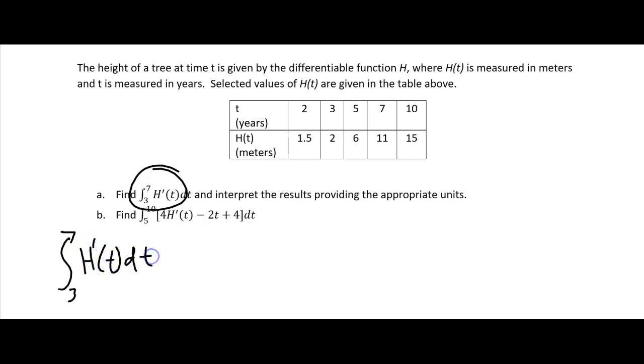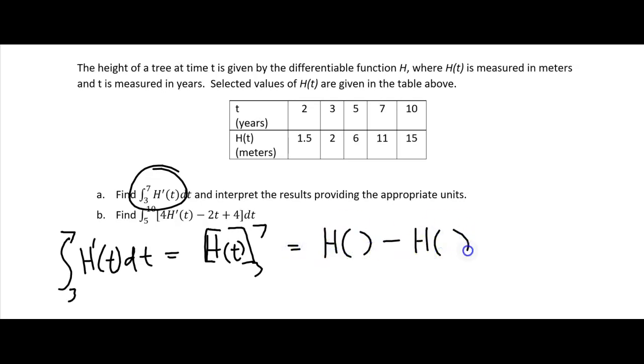When you integrate h prime, you just get h, regular h, because regular h is the antiderivative of h prime. And then using the fundamental theorem of calculus, we could say, right, we have our function, plug in the 7, minus the function with the 3 plugged into it.